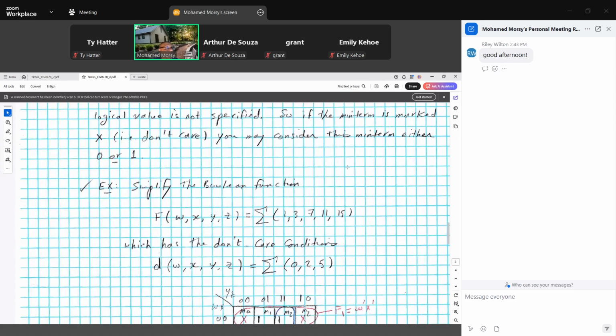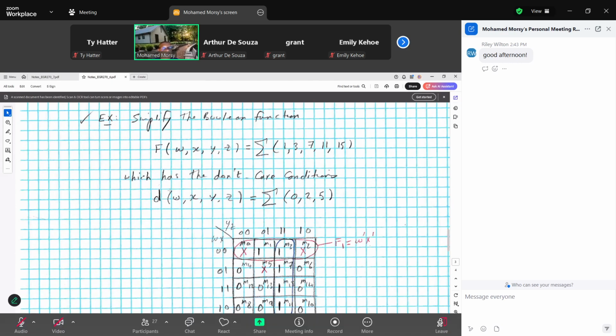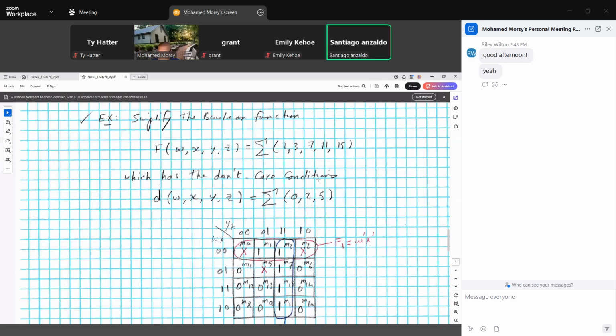As we mentioned, in this example here we have the function f, which is the sum of these minterms. Everyone sees the slide? Yes. Okay, good. So f equals sigma 1 and 3.